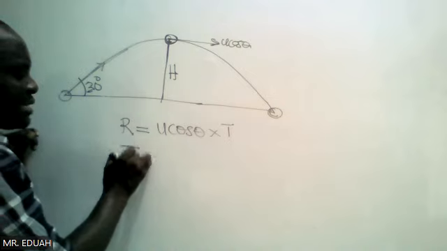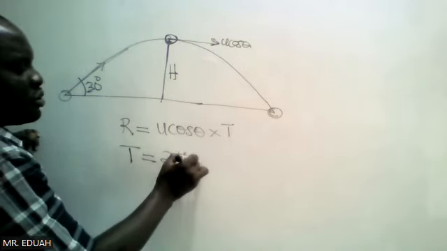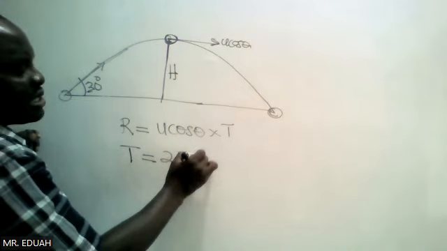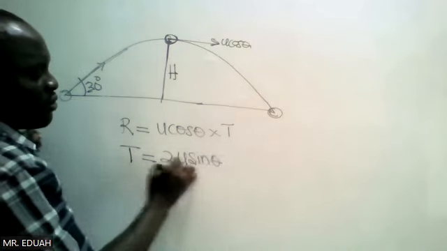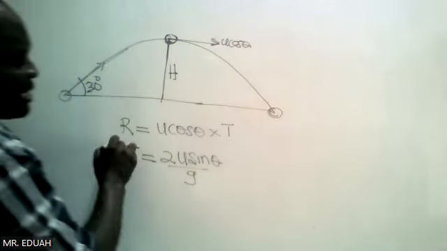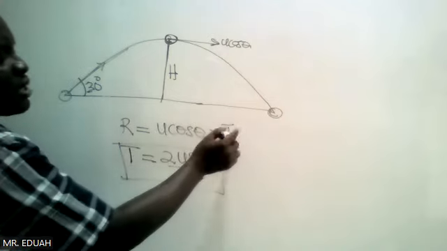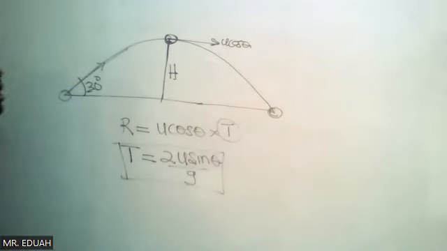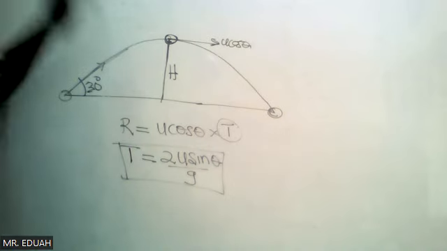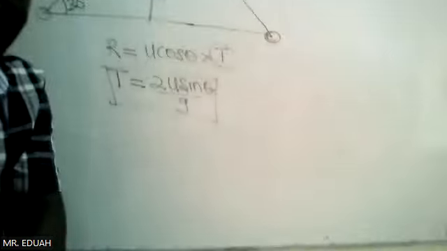The time of flight is equal to 2u sine theta over g. So if the time of flight is this, I can substitute it in place of t within the range formula.